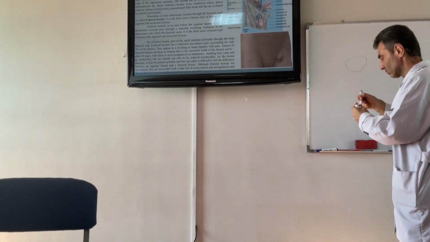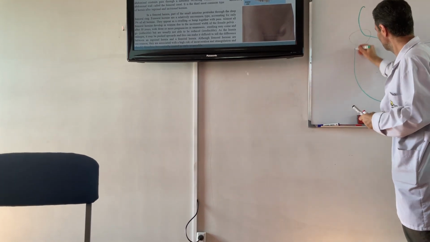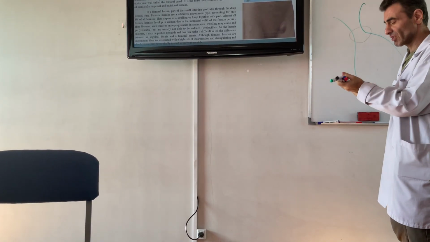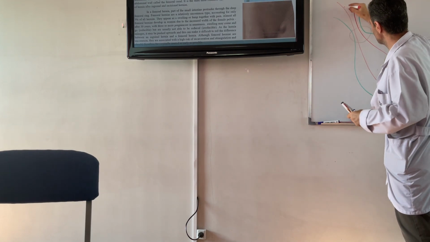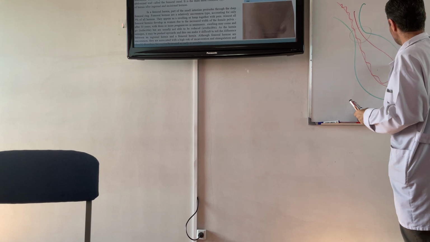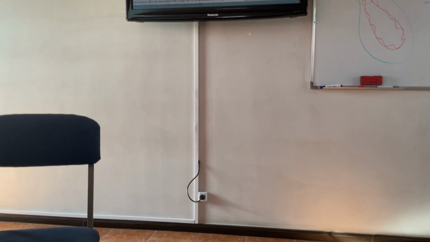This is the ring. This is the green protrusion sac. And only inside of this green protrusion sac, we have some internal organ, for example, small intestine. And it will be called hernia.